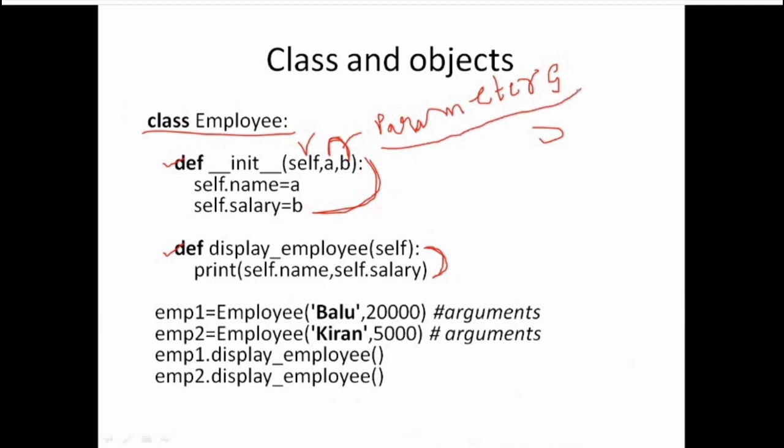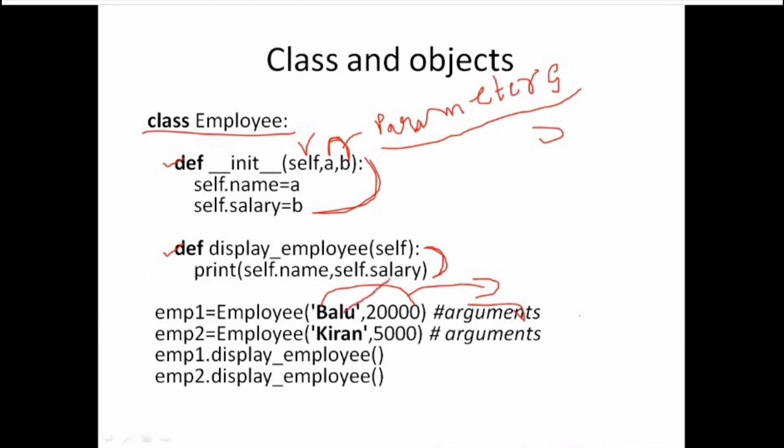Now, emp1 is equal to employee, I am passing Balu, comma 20,000. This Balu, comma 20,000, these are called arguments. These two are called arguments. Is this clear? Yes. Now what happens when I say emp1 is equal to employee Balu, comma 20,000?